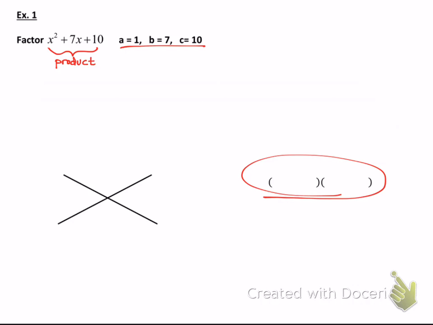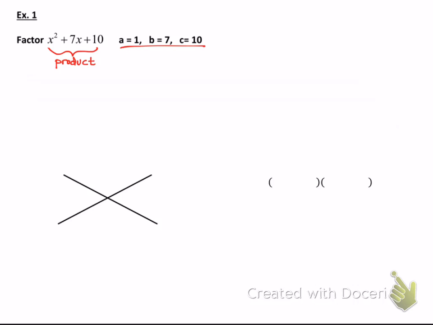What factor times another factor gives you this trinomial? Now, here's the thing. When you FOIL, you would always do this times this, and you would distribute, right? Whatever the first one was, and then whatever the last one was, you would distribute. And that's how you would get x squared plus 7x plus 10. Okay?